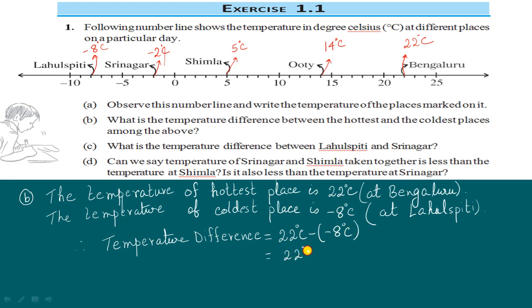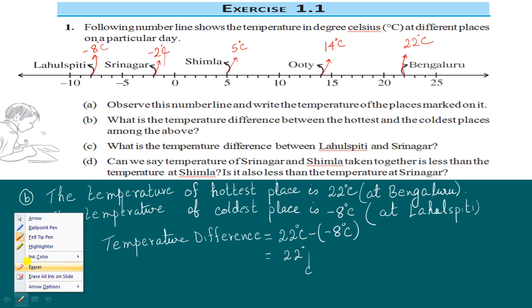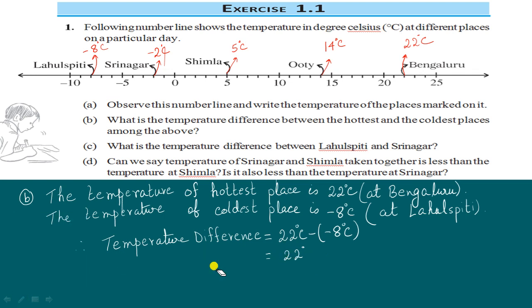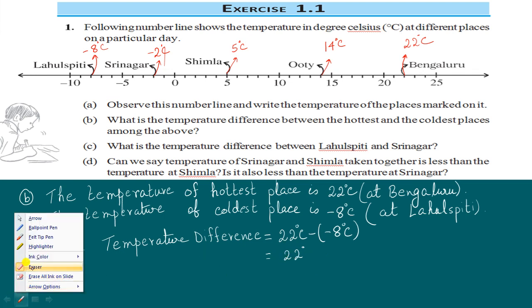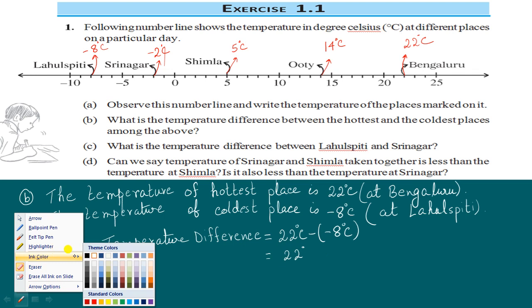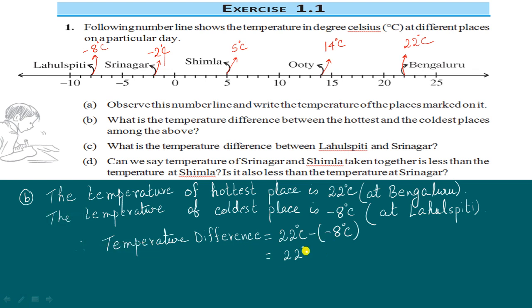That is, we are getting 22 degrees centigrade, minus into minus is plus 8 degrees centigrade, and it comes to 22 plus 8, that is 30 degrees centigrade. Therefore, we are finding that the temperature difference is 30 degrees centigrade.